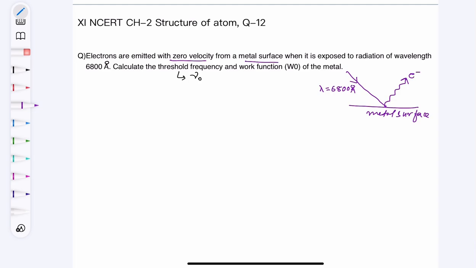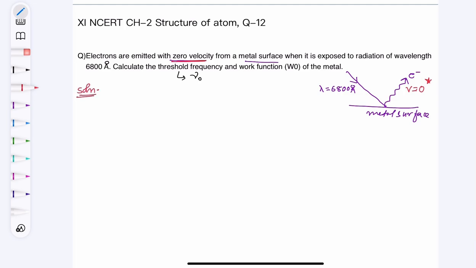Here it is saying that the electron which is ejected from the surface of the metal has velocity equal to 0. Okay, so this is an important point. With this much information, let us proceed further. Let us do the solution for this.